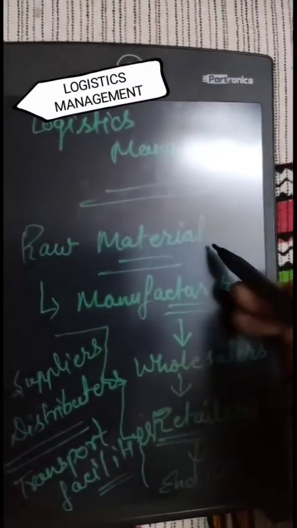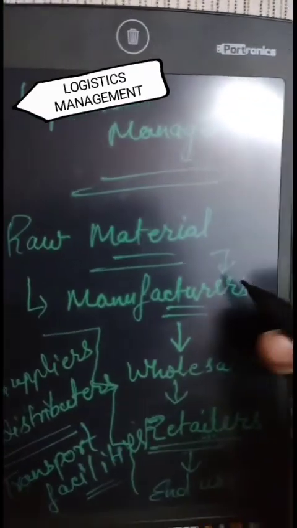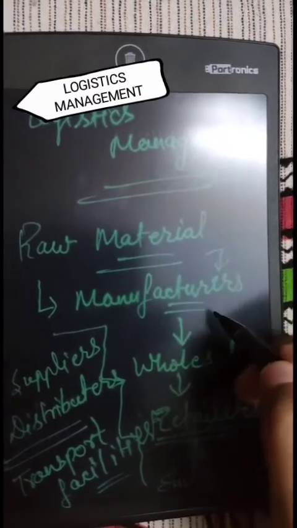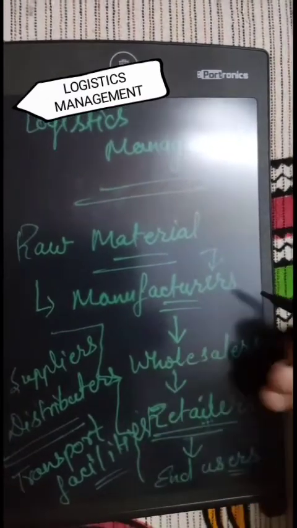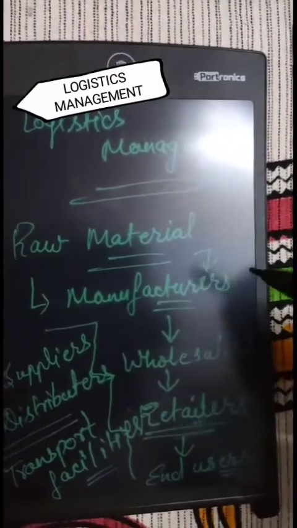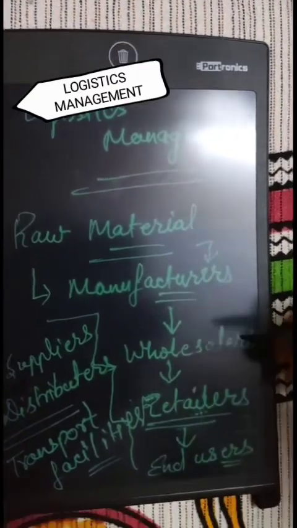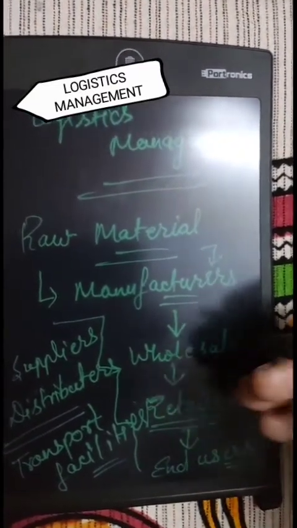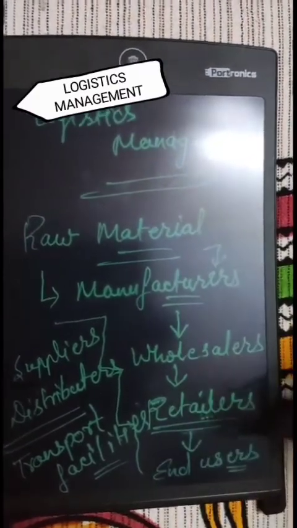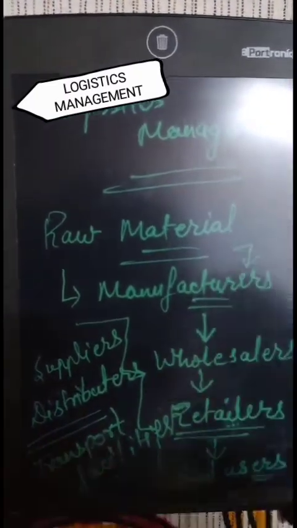You can see with the help of suppliers, the goods are transferred to the manufacturers and the manufacturer converts raw material into finished goods and these finished goods are then delivered to the wholesalers. Various wholesalers buy goods from the manufacturer so that they can distribute the goods to retailers, and various retailers buy goods from the wholesalers. And then they deliver goods to the end users. End users are consumers. Got it?